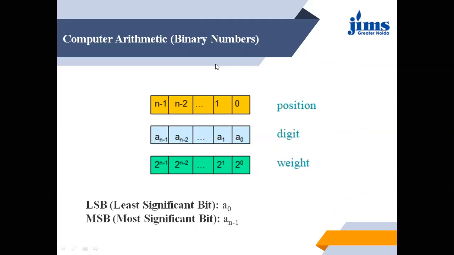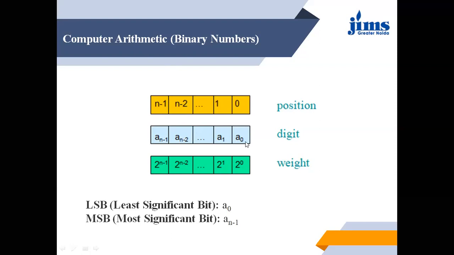The position is going to start from 0 to n minus 1 when we have an n-bit number. The digits are represented by A0, A1 to An minus 1, and the corresponding weight is found by 2 raised to the power 0, 2 raised to the power 1, up to 2 raised to the power n minus 1.